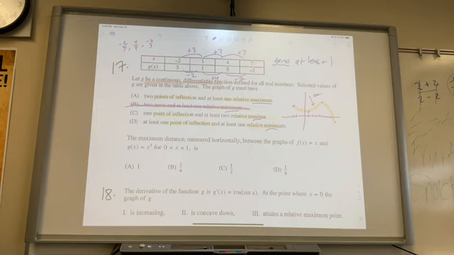It doesn't have to have 2 points of inflection. I think it's gonna be D. Henry, what do you think, D? I'm going with D. Yes, because 1 point of inflection right there.